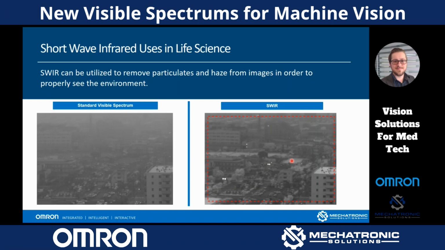One of the things we can do with shortwave infrared is remove particulates and haze from images in order to see the environment more clearly. What this means in laboratory automation and life sciences is we can use shortwave infrared to clear out all the haze from any images we're getting. So if we're looking at cells, for instance, that we want to have a better, clearer contrast on, we can use shortwave infrared to get rid of any of the extra that we don't need.